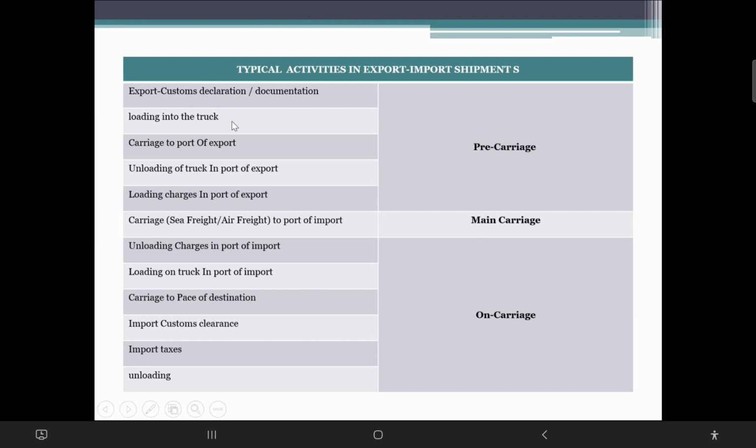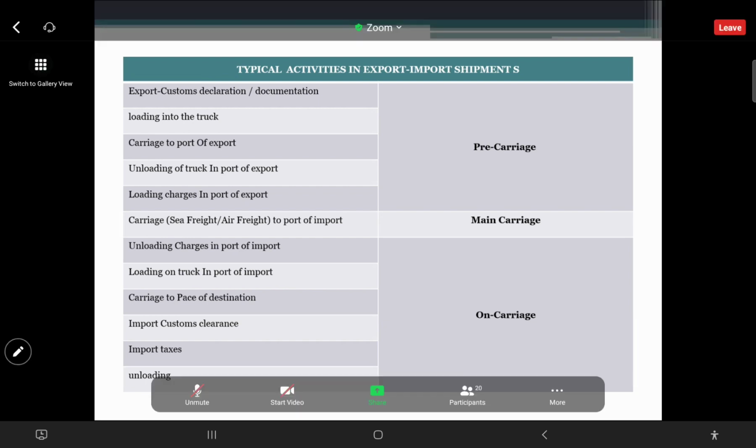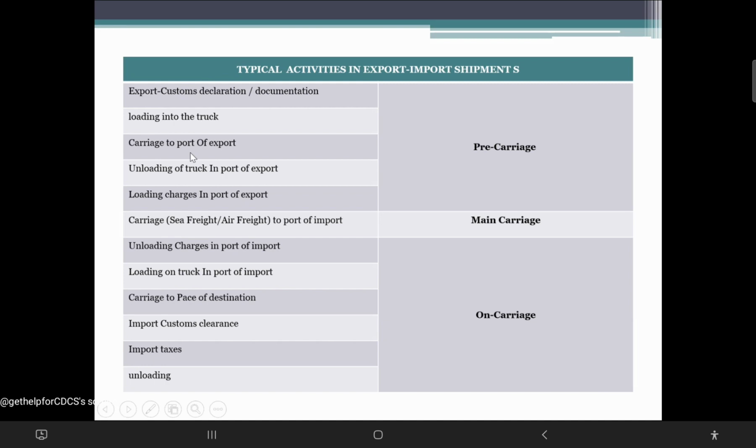And then loading. Maybe we don't think of loading charges, but even to load one air conditioning unit, we may be paying something like 1,000 to 1,200 rupees. So imagine 100 units, 200 units, 500 units. That is also an activity involving cost. Then carriage to the port and unloading there, because here our people will be loading it, but there they have a different set of people to unload it, so we have to pay there.